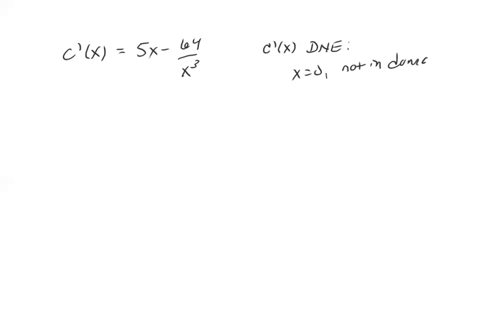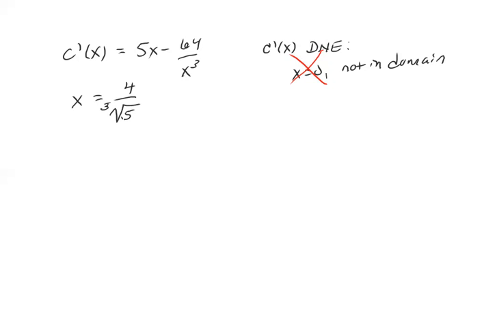The domain only includes positive x values, so I can disregard that critical number. I only have one to check. So my critical number, I'll write it down again, is x equal to 4 over the cube root of 5.